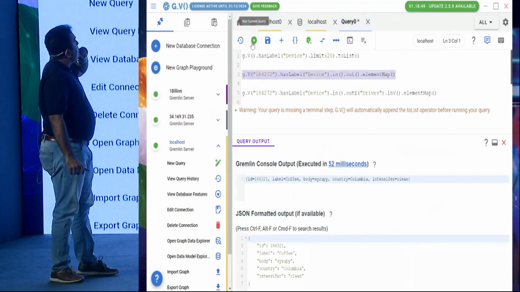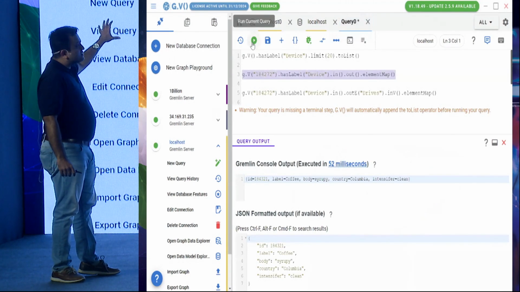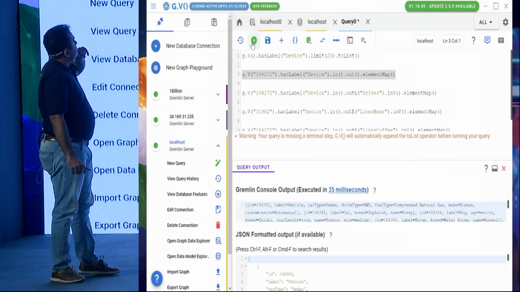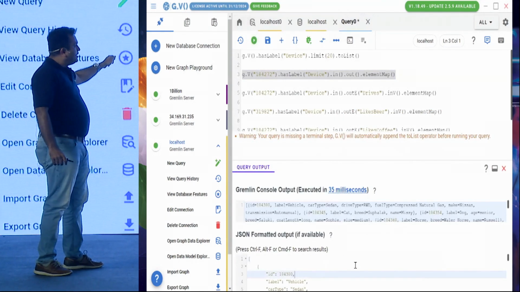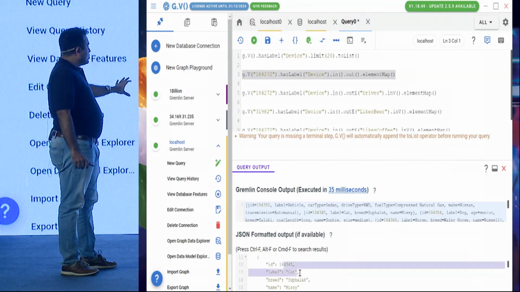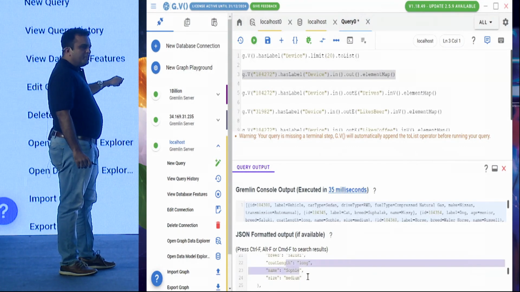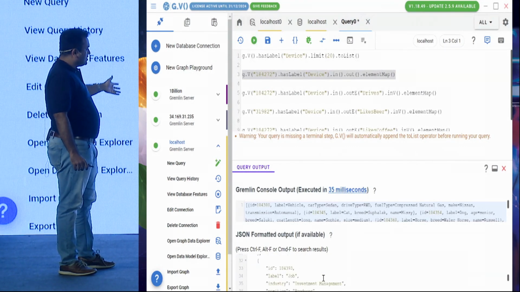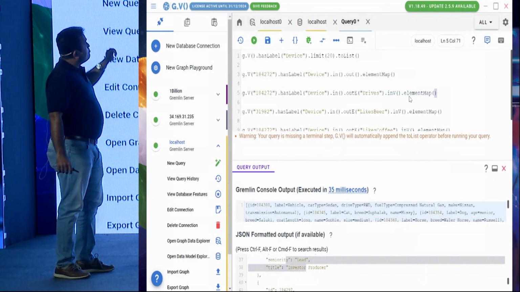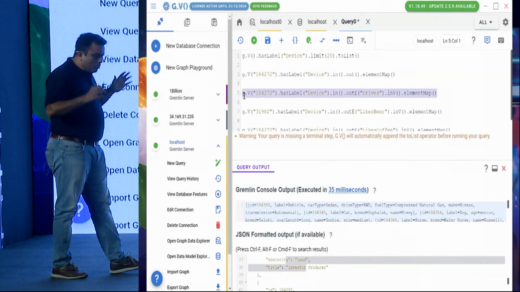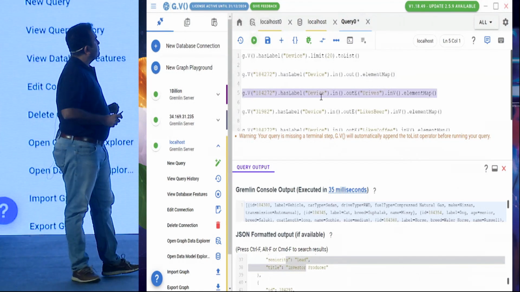So now I'm quickly running a query over here where I have a device identifier of a person. Then I fetch all the details about that person through his device identifier. I know what kind of car he uses, what kind of card he uses, the cat he has, his dog, his horse. It's just funny examples, okay. Then I pick up the same device ID and check what kind of car this person drives.